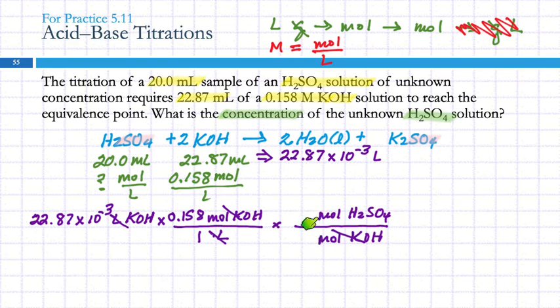Where does the mole ratio come from? The balanced chemical equation. 1 mole of H2SO4 reacts with 2 moles of KOH. What I like about this approach is that there's an awful lot less thinking.